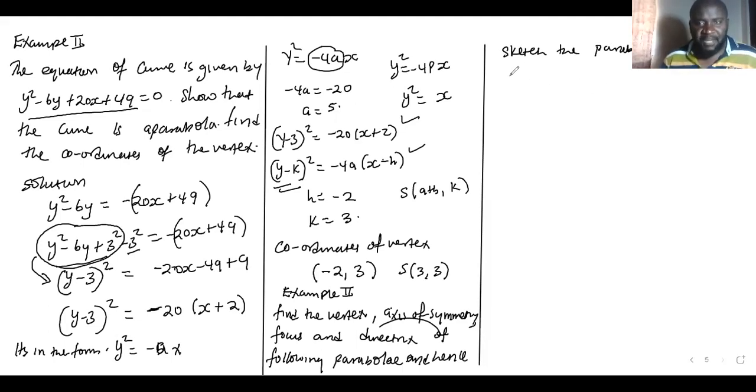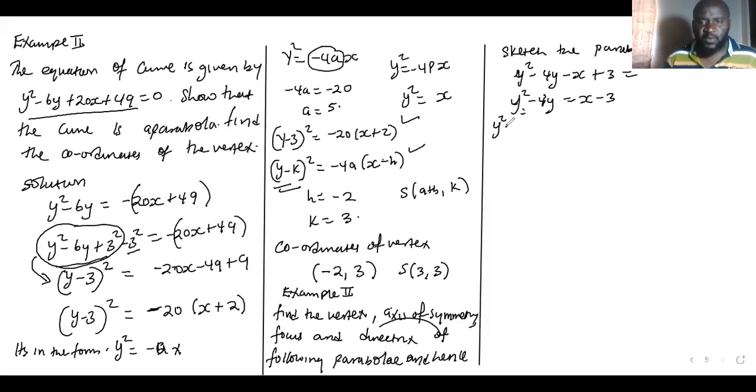First and foremost, for my friend who was asking how she missed the first part, the parabola is y squared minus 4y minus x plus 3 is 0. So y squared minus 4y is equal to x minus 3.